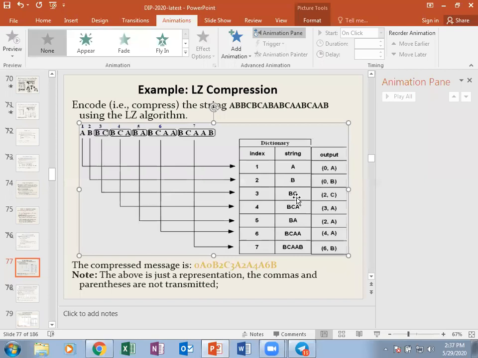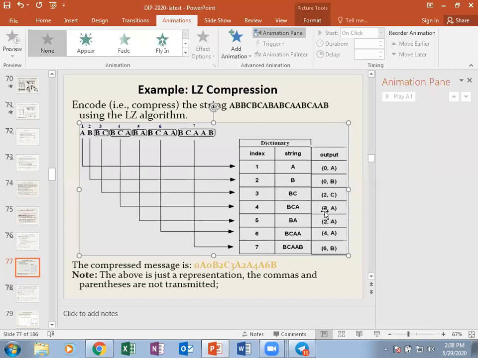The next one is 2C. The prefix 2 is indicating there is a symbol at index 2 which should be concatenated with C. What is that symbol at index 2? If you are referring to index 2, you will get B. So B should be concatenated with C. So that means we will get BC.